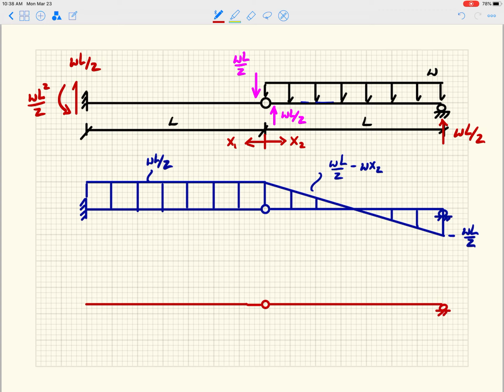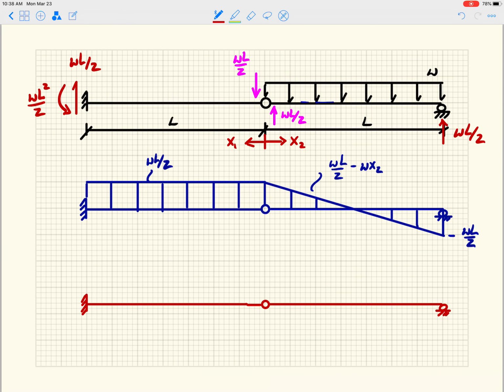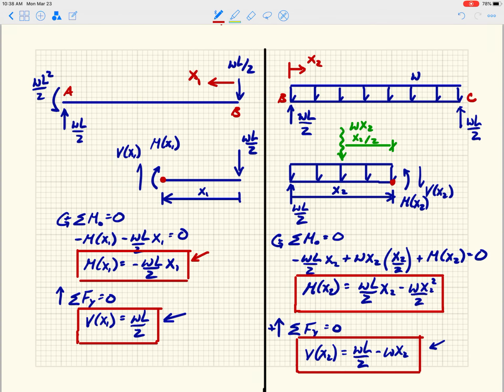Alright, so then this is a support here. This is a support like that. So if I look at the left-hand side, right, we're here. So at x1 equals L, which remember x1 is from right to left, right, on that member. So at x1 equals L, that's the support. We're at minus WL squared over 2, right, so that's going to be somewhere here.